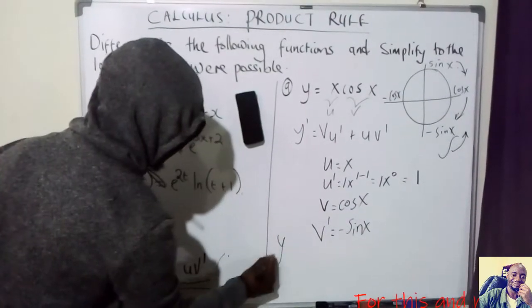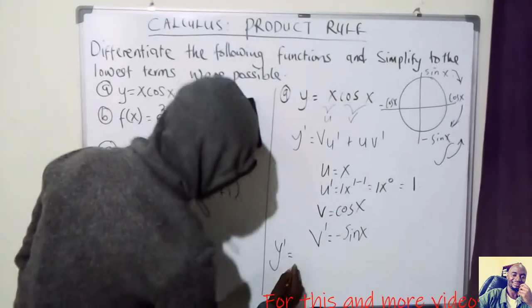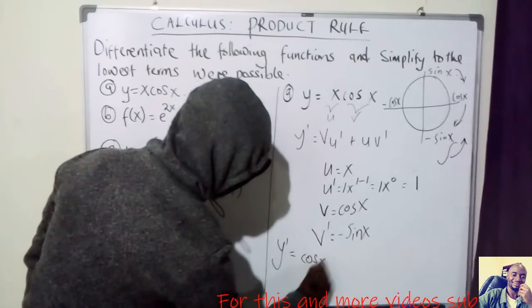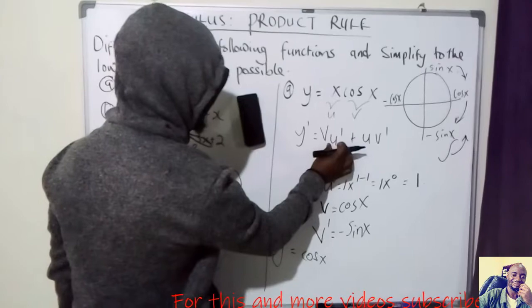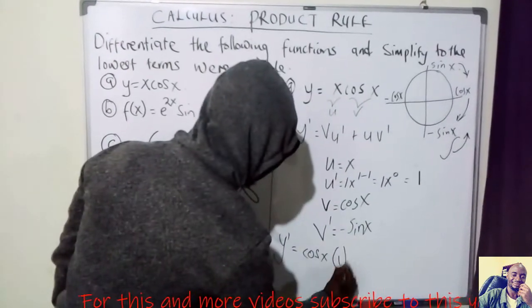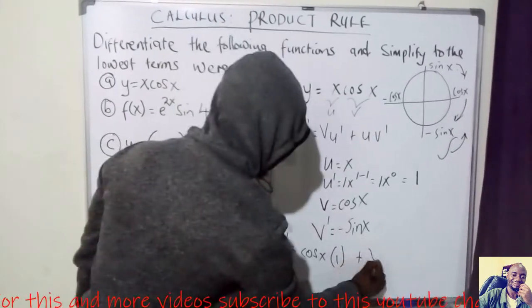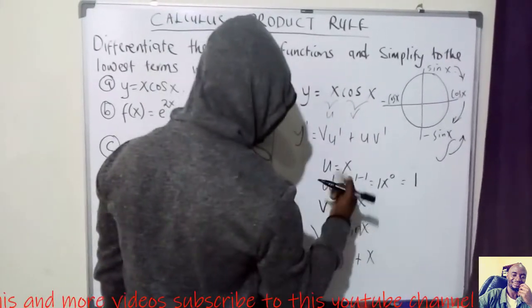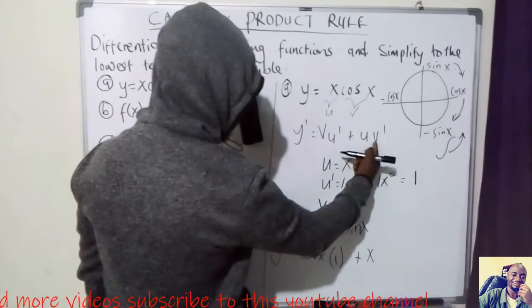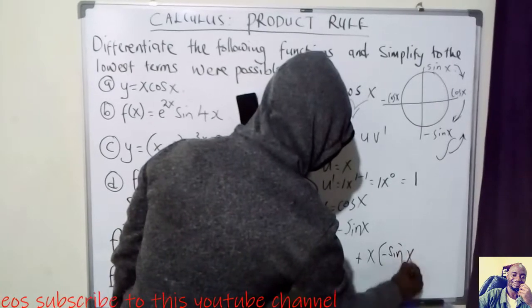So y prime is equal to our v, which is cos x, multiplied by u prime, which is 1, plus, what is our u? x multiplied by v prime, which is minus sine x.